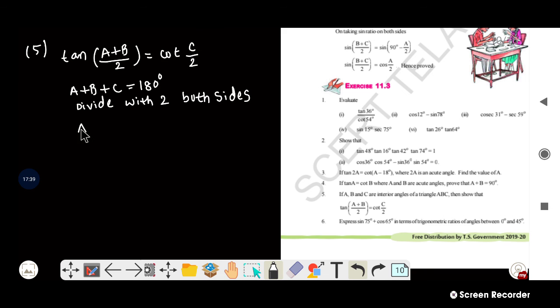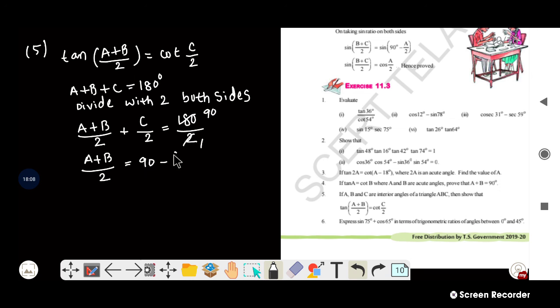So then (A plus B) by 2 plus C by 2 is equal to 180 by 2. Then (A plus B) by 2 is equal to, here 180 by 2 means 90. Is it right? So 90 minus C by 2.